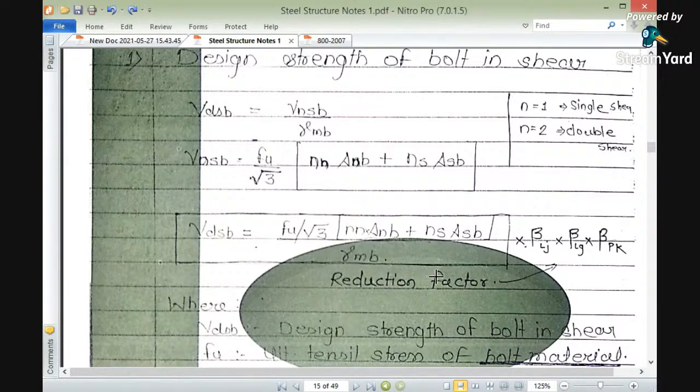But when we have to use reduction factors, they are beta_lj, beta_lg and beta_pk.